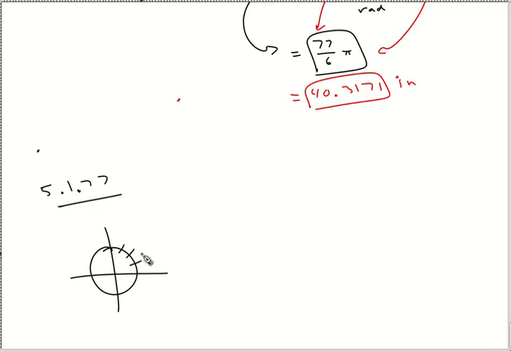This has got to be one of the weirdest problems. They give you this circle with 3 little dashes and a dot, and it says find 2 angles that are coterminal and that are between negative 2 pi and 2 pi.